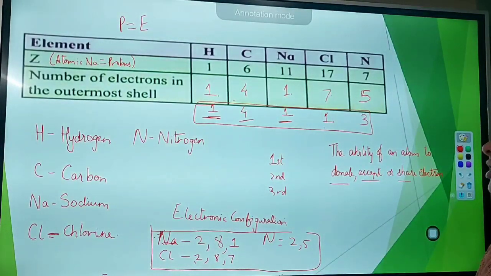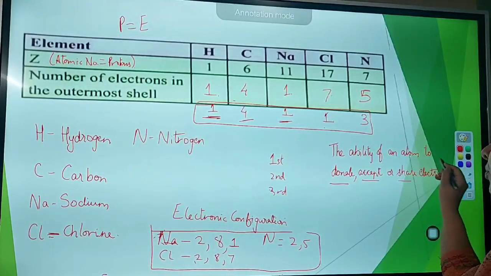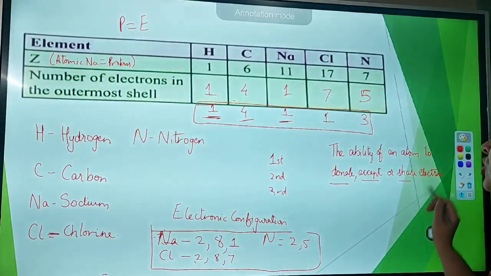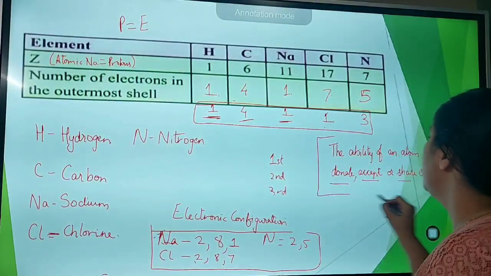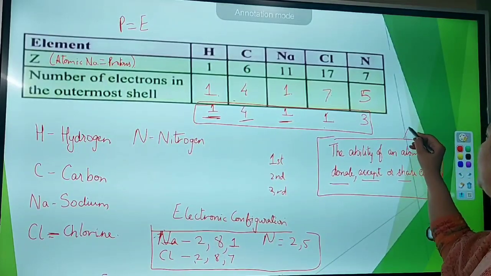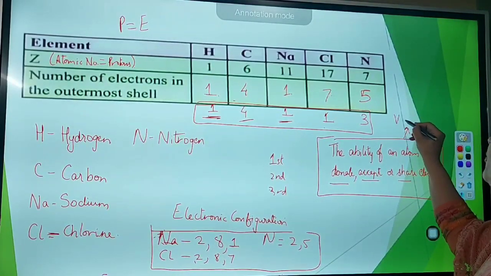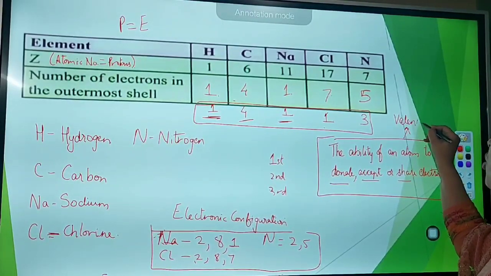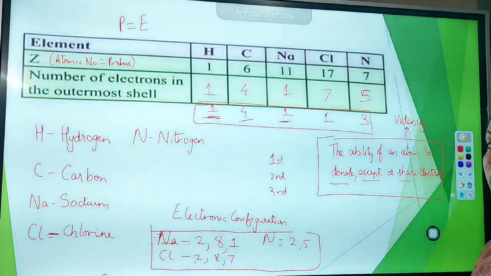Correct or no, children? The ability of an atom to donate, accept, or share electrons is known as the valency of that atom.